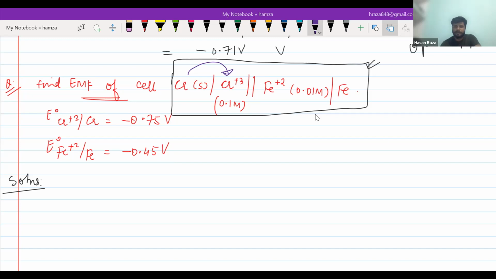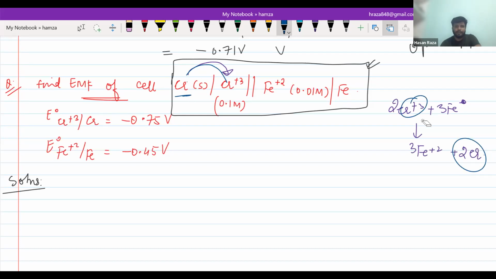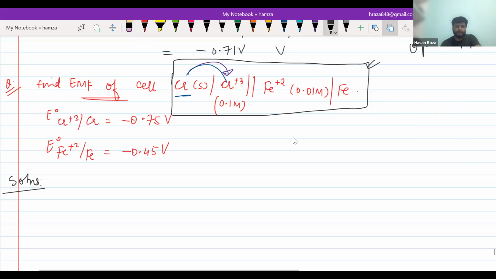You have written the reaction as 2Cr plus 3 plus 3Fe will give 3Fe plus 2 plus 2Cr. Now you can see from the representation, chromium is going from Cr to Cr plus 3, not Cr plus 3 to Cr. Are you getting my point? Please correct it.